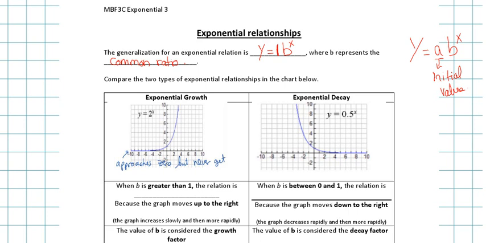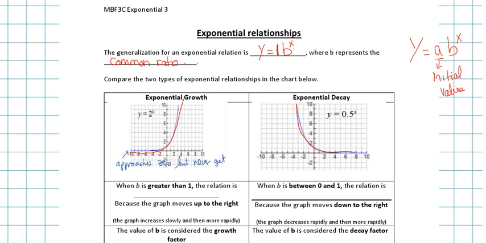So as x is increasing, my y is increasing as well. On the other hand, when you have an exponential decay, you're going to start high up, and then as x is increasing, your y value is decreasing until it becomes horizontal. Okay, so growth is the first one, and the second one is decay.